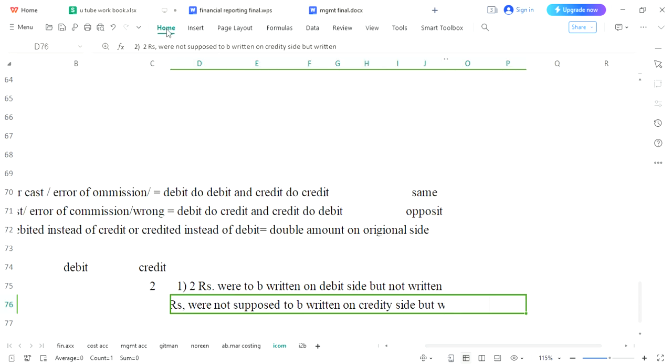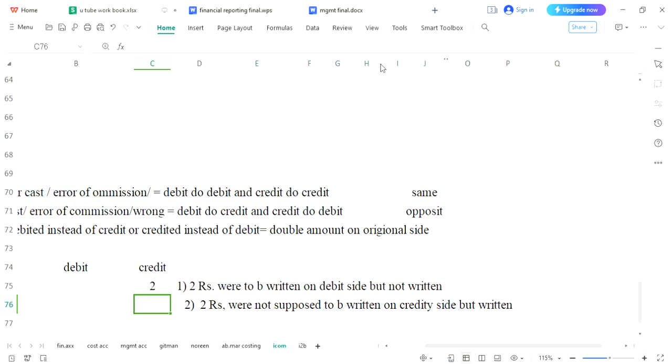So here we are. How are we going to understand this mistake? I'm telling you once again. You were supposed to write 2 rupees on the debit side. First mistake, you haven't written, which we have mentioned over here.